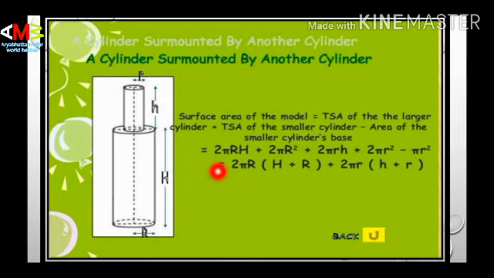Therefore, bigger cylinder TSA is 2 pi R H plus 2 pi R square, plus smaller cylinder 2 pi r h plus 2 pi r square, minus pi r square, which means we have to remove the smaller cylinder base. So, in this common is 2 pi, big R means big radius: 2 pi R (H plus R) plus smaller cylinder 2 pi r (h plus r). This is the smaller cylinder TSA, this is the bigger cylinder TSA, minus pi r square is to remove the base of the smaller cylinder.